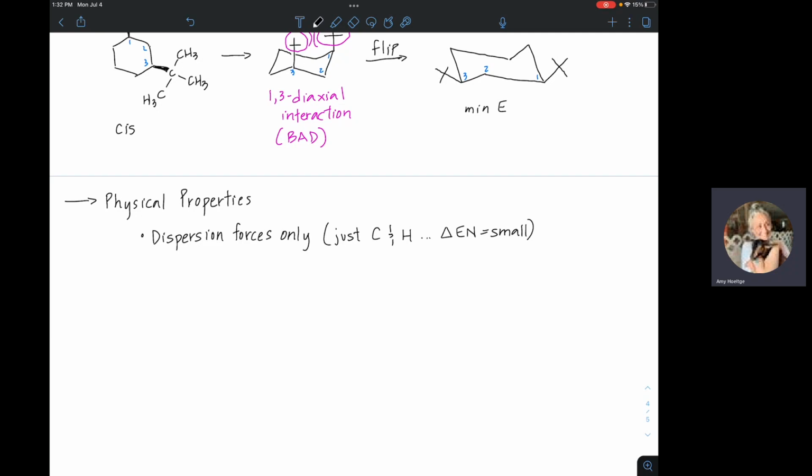You're going to increase these again, just like we talked about in our review of Gen Chem. You can increase their significance with increasing mass, because when you increase the mass, you increase the number of polarizable electrons.